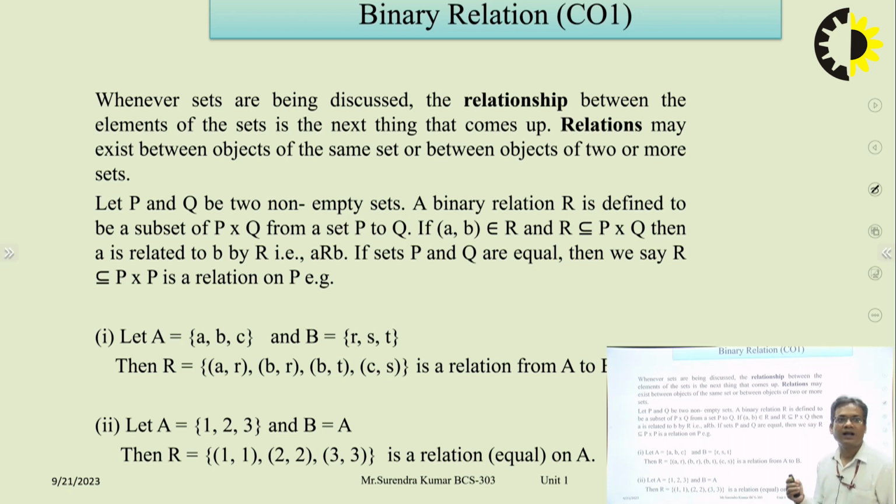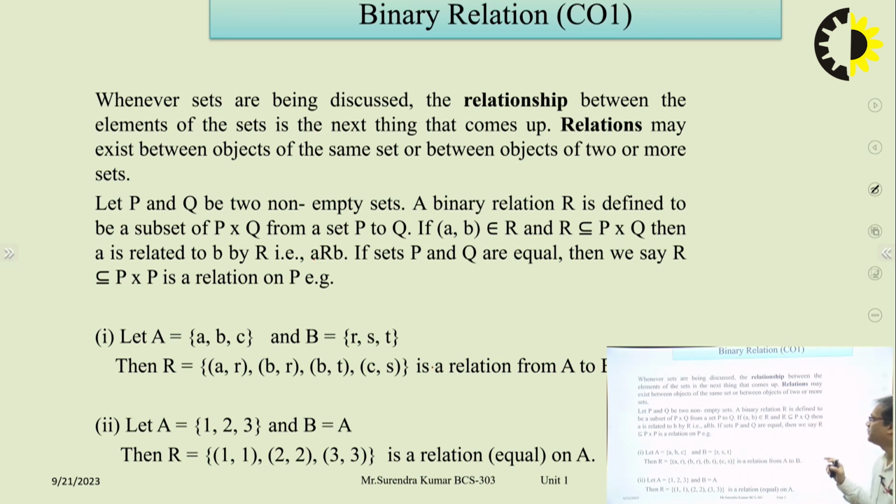So a binary relation R is defined to be a subset of P cross Q, where P cross Q is the Cartesian product of P and Q. That forms a relation from set P to Q. If the pair A comma B belongs to R, and R is a subset of the Cartesian product of P and Q, then A is related to B by R, and that can be represented in the form A R B.